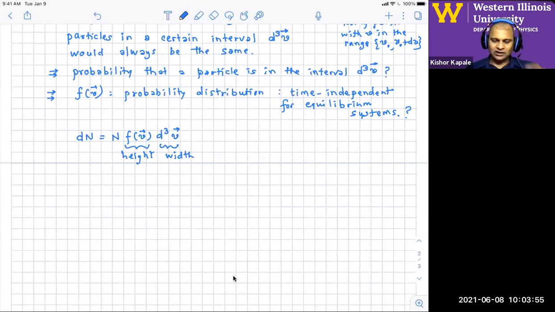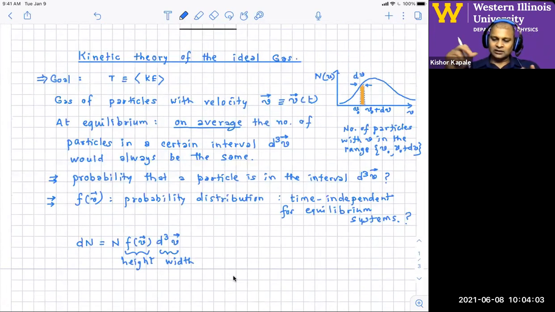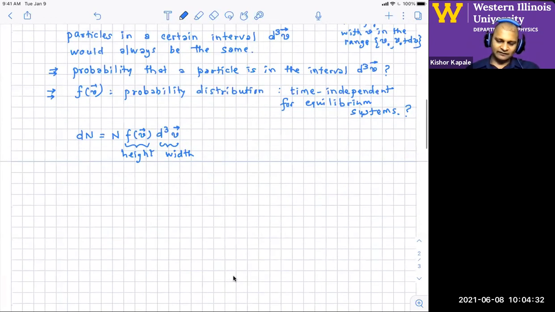Because you have the total number of particles, then the height of the distribution, which depends on what position on the v axis we are looking at that tiny interval dv. If it's in the beginning, the height is going to be small, the number of particles is going to be small. If it's towards near the peak, let's say, then it's going to have a much larger number of particles. So that's what this dn signifies.